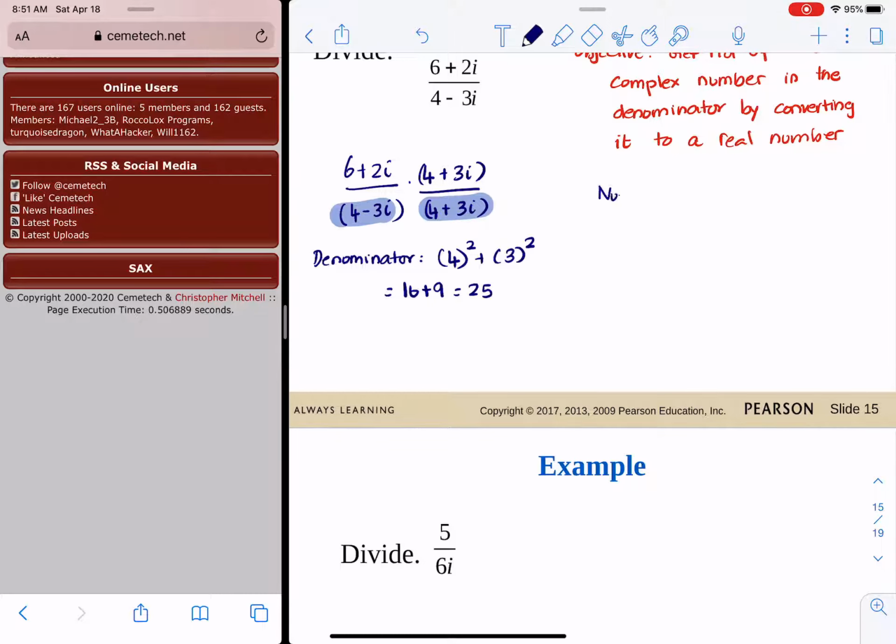The numerator: we are multiplying 6 plus 2i by 4 plus 3i.